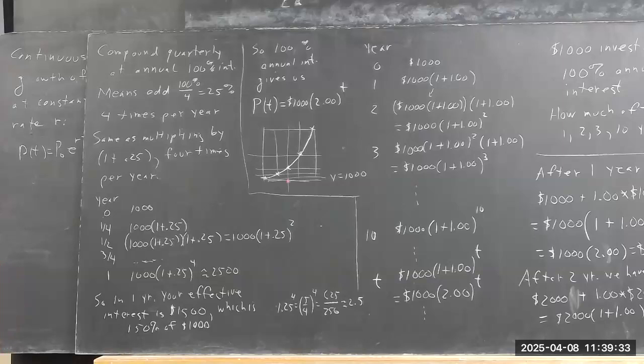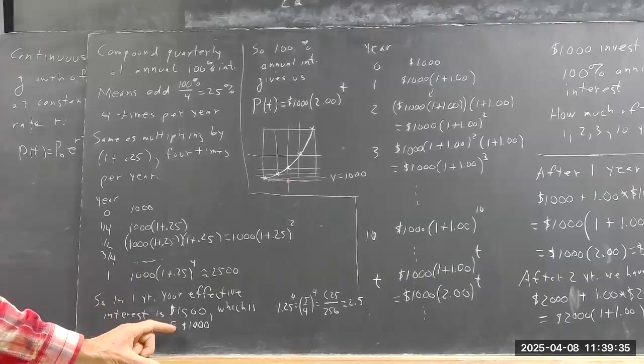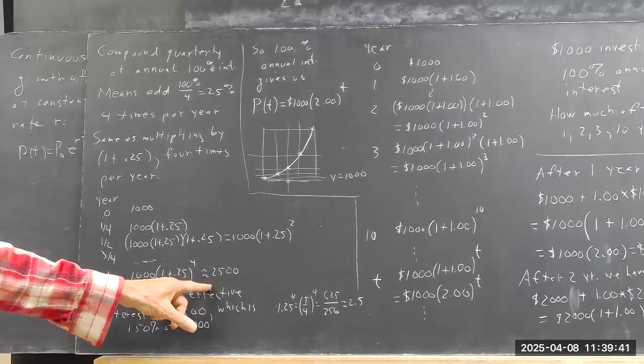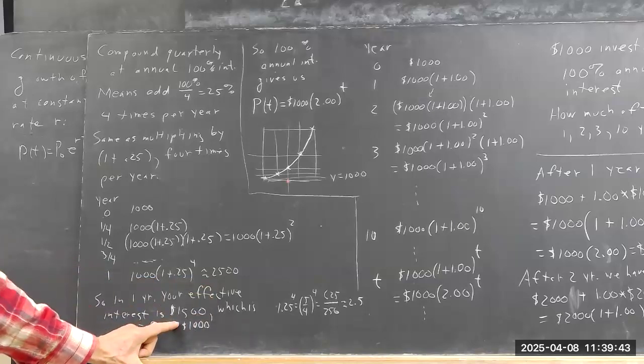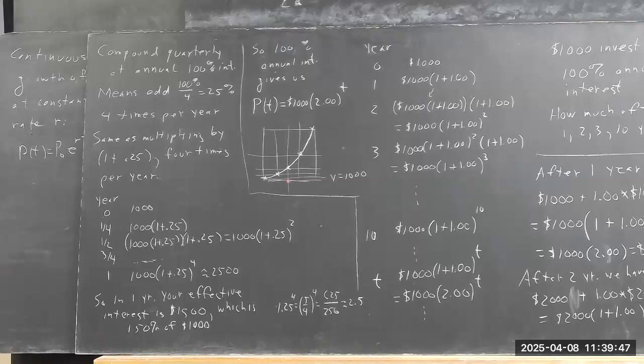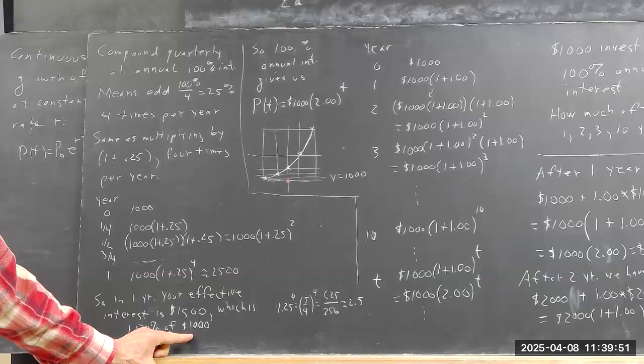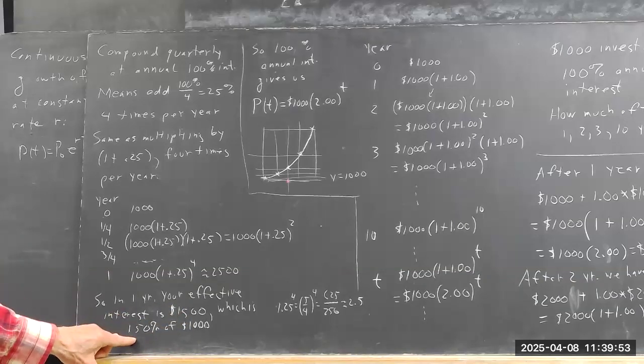At this point, we can say that your effective interest is $1,500. You started with 1,000, you've got 2,500, you've added $1,500. And that's 150% of 1,000, isn't it? So your effective interest is 150%.